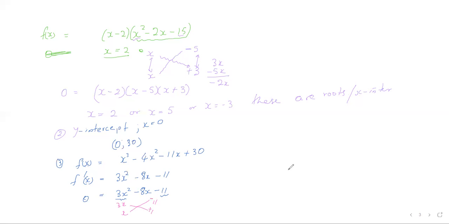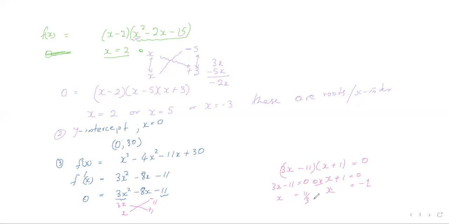So we have 3x minus 11 into x plus 1 is equal to 0. Therefore, x plus 1 is equal to 0, or 3x minus 11 is equal to 0. x is equal to negative 1, or x is equal to 11 over 3.